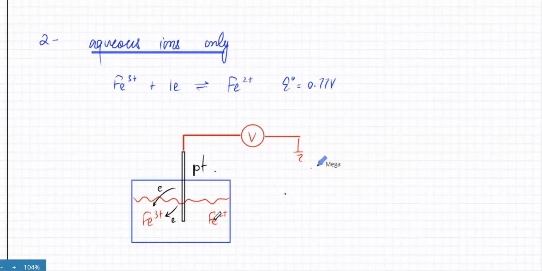If Fe3+ is over here, how do we know Fe3+ is supposed to gain electrons from the rod? Why not Fe2+? It can gain electrons, and it can form Fe. But the amount of Fe that can possibly form would be very few. The dominant equilibrium would be between these two because they're more in number.